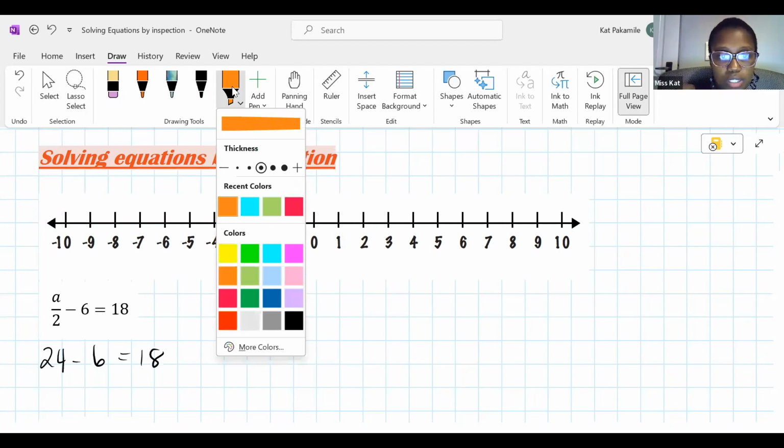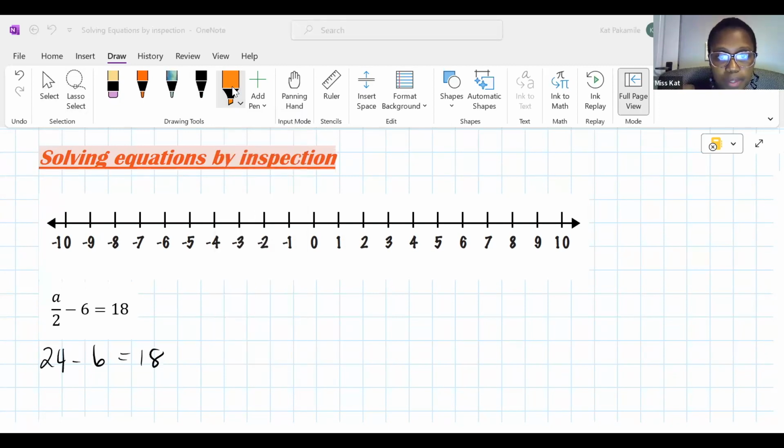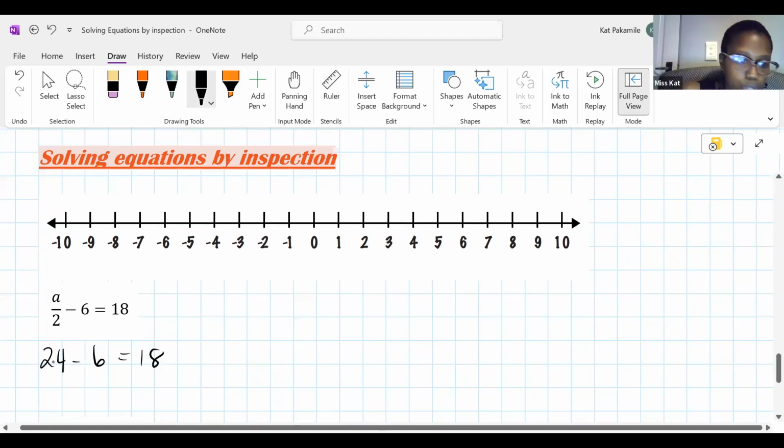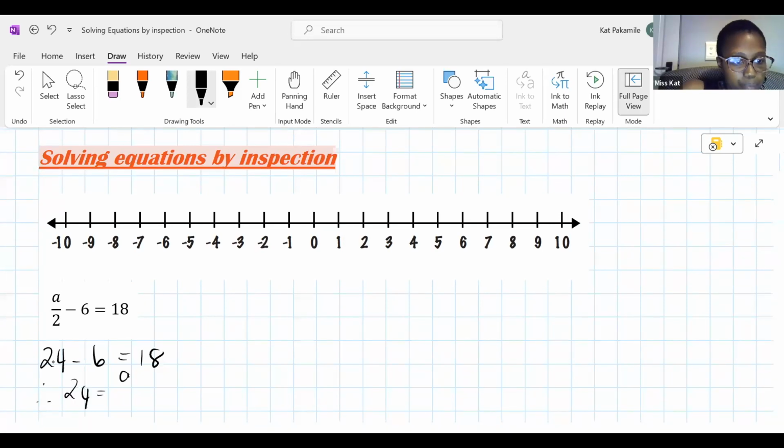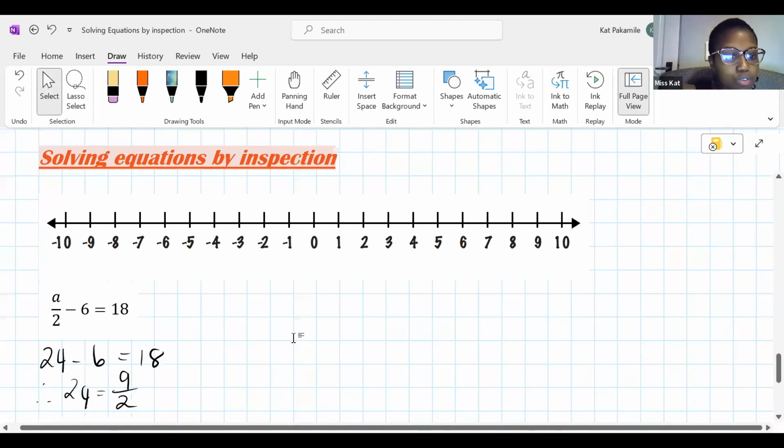Someone's not muted. Okay. There we go. Thank you, Tammy. Therefore, 24 is equal to A over 2. Then I say, what divided by 2 will give you 24?